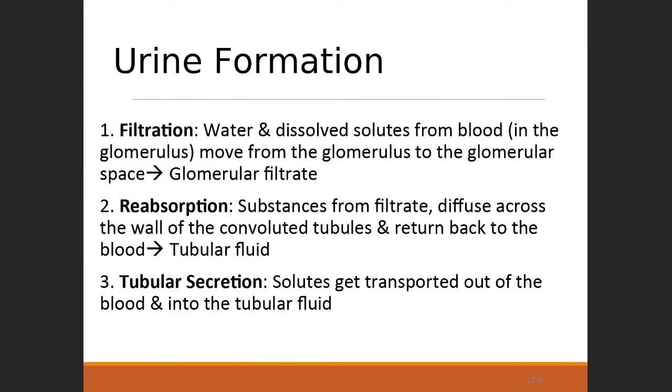These are solutes that we can put into the tubular fluid without having to have them initially filtered at the glomerulus. They can pass from the vasa recta and peritubular capillary into the tubular filtrate, running in the opposite direction of any reabsorption. So reabsorption would be solutes going from the tubule and into the blood, whereas tubular secretion would be solutes going from the blood and into the tubule.